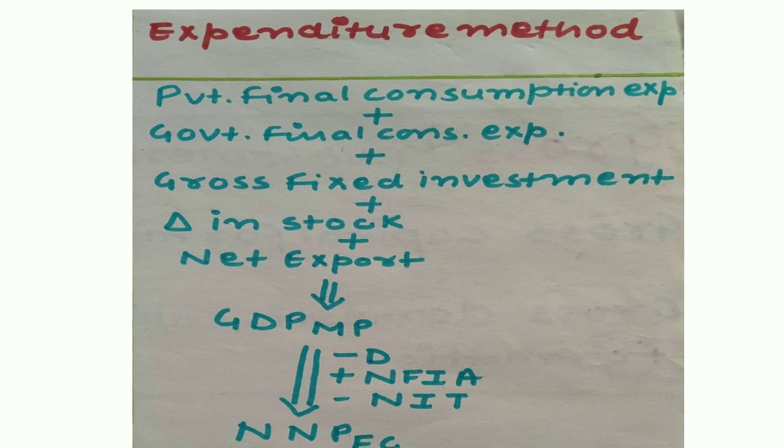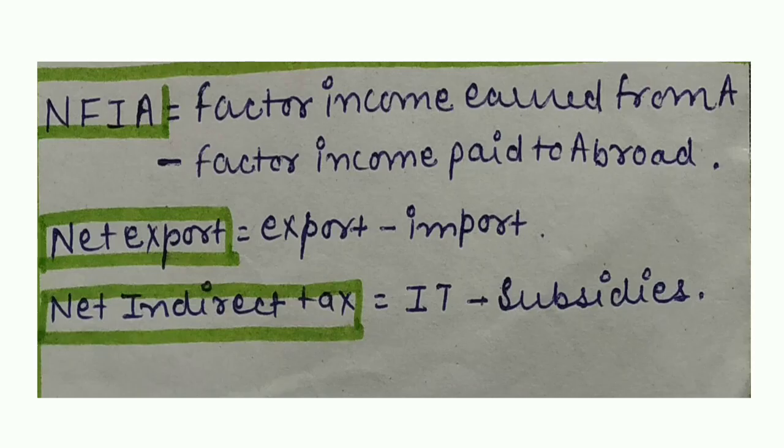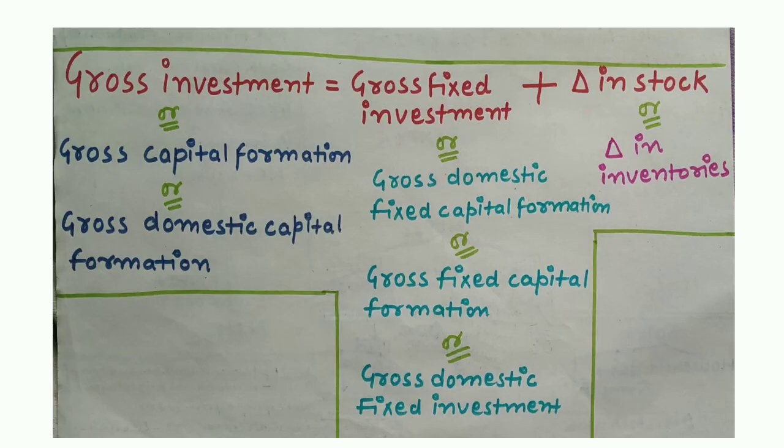Now here I have shown that NFIA is simply factor income earned from abroad minus factor income paid to abroad. Net exports is exports minus imports, and net indirect tax is indirect tax minus subsidies. We have already discussed these terms in our previous lectures as well. Net exports was new to you, so remember that it is exports minus imports. We had discussed it already in the preceding slides.